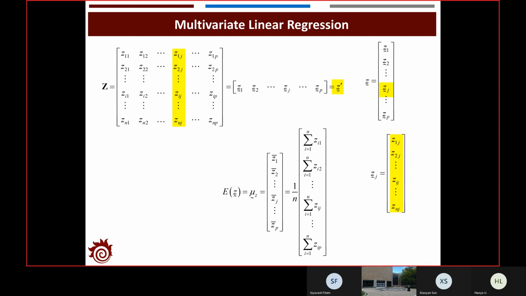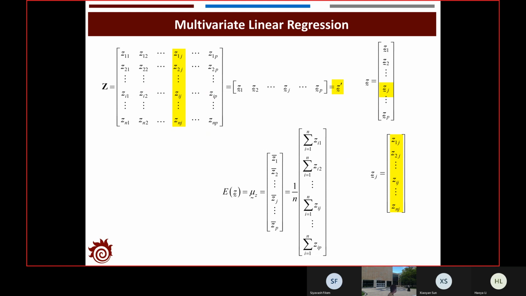Let's see some more details. We define the mean value of the Z as mu Z. It represents the average value of each variable.